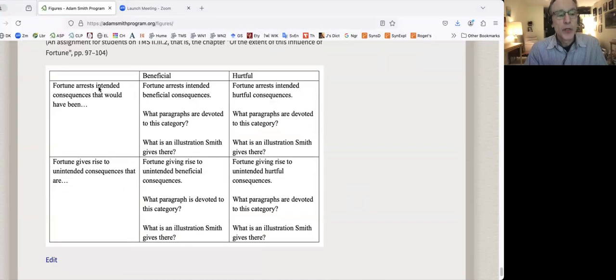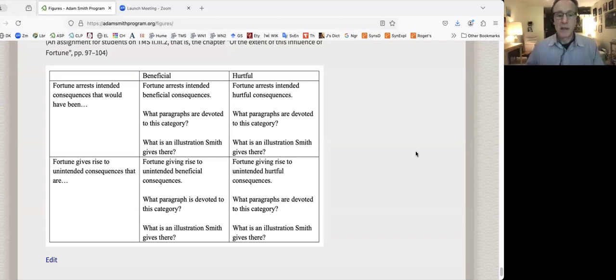One row is fortune arrests, that is to say, blocks or gets in the way of intended consequences, which would have been either beneficial or hurtful. And then the next row is fortune gives rise to unintended consequences that are beneficial, hurtful. Okay. And he illustrates each of these four categories.